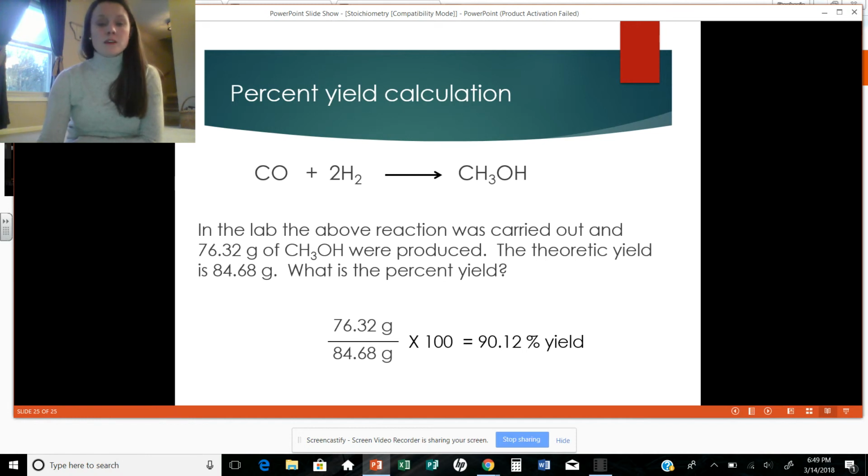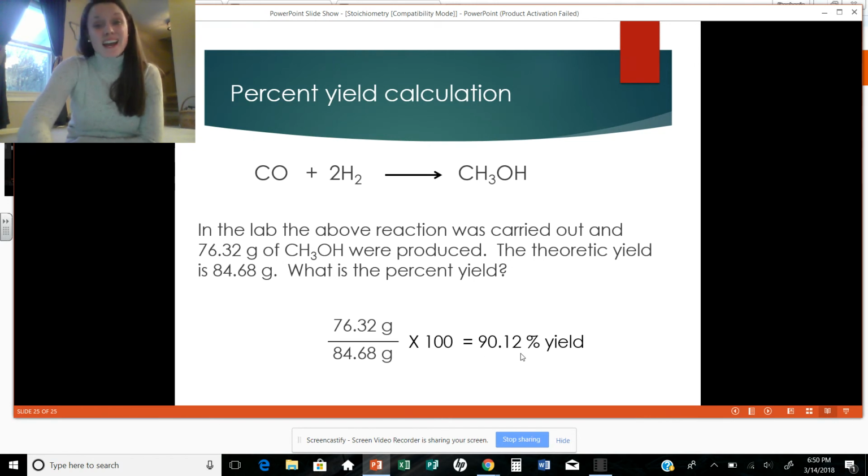When we calculate the percent yield of our experiment, we put our actual yield, what we actually got, 76.32 grams of methanol, and divide that by the theoretical yield, what we should have gotten based on our balanced chemical equation and stoichiometry, 84.68 grams. Times that by 100, and then you get your percent yield.